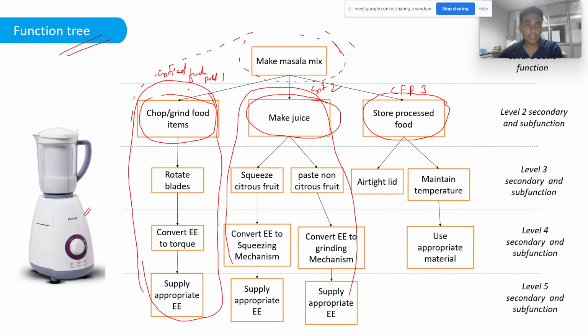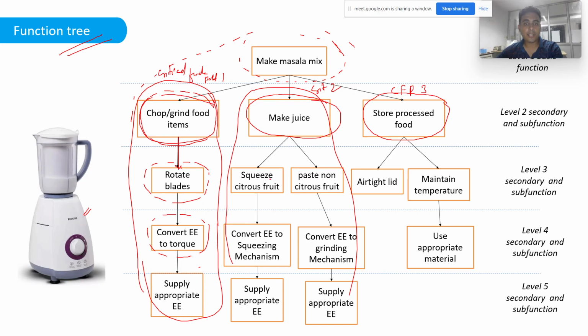Because these are entirely different basic functions, you need to go to the sub-functions as different critical function parts. For example, chop, grind, then rotate blades, convert electrical energy to torque, then supply appropriate electricity.